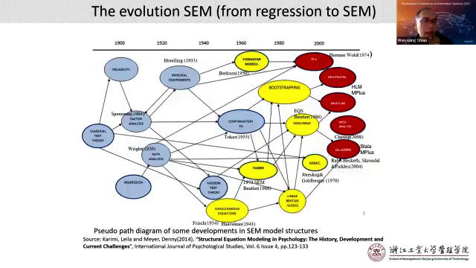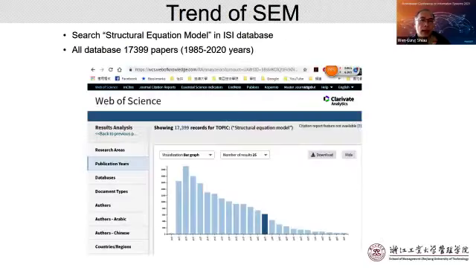So I always hear them say that SEM is only the measurement model and structural model. Yes, they use the 2 stages to analyze, but the topic and the content is so large. Don't just say the measurement or structural. And let's see a little bit about the trend.